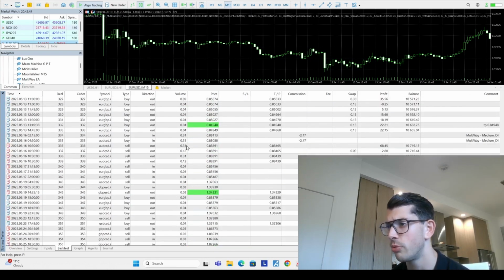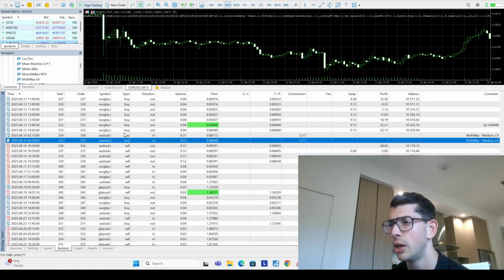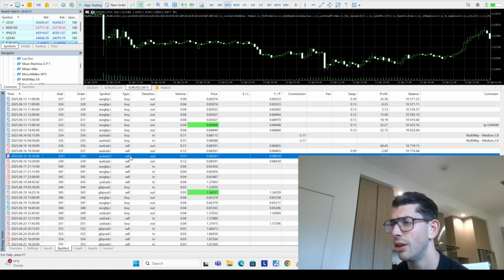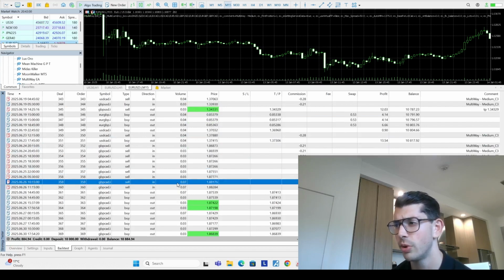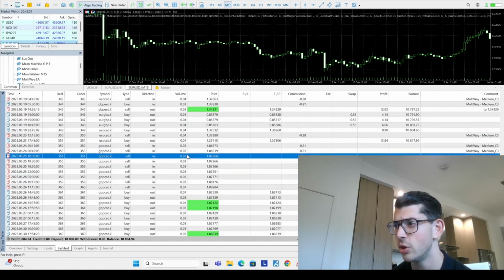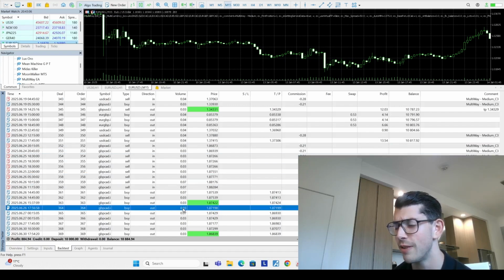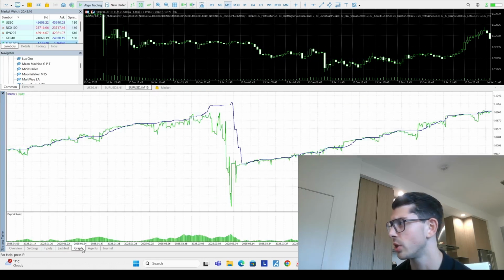And I see up 3-1. Well, buy, sell. But there is a little bit of lot scaling going on here too, actually. GBP CAD, so it goes from 0.3 to 0.7. Interesting. Okay, so now let's look at the graph here.